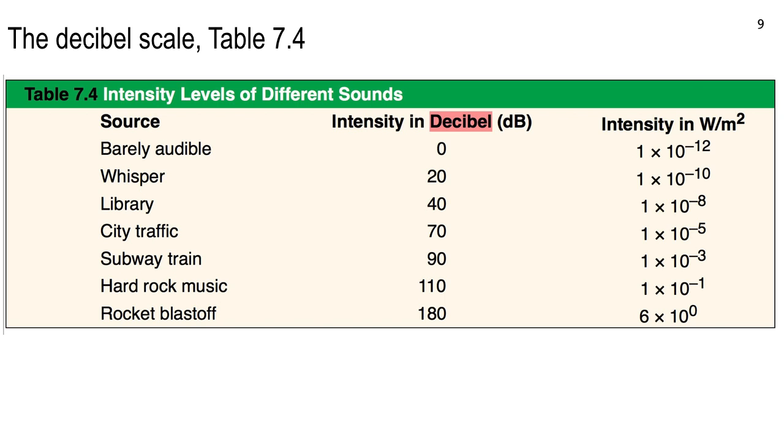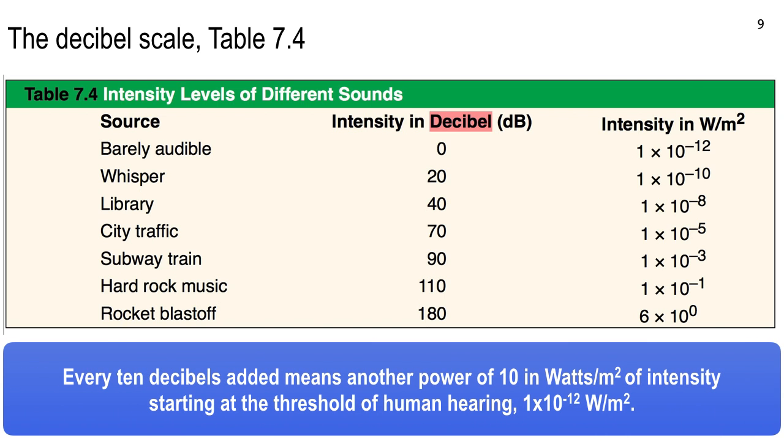The human threshold of hearing is at approximately, they've measured, 10 to the minus 12 watts per square meter. Now let me remind you, a watt is the same as 1 joule per second.